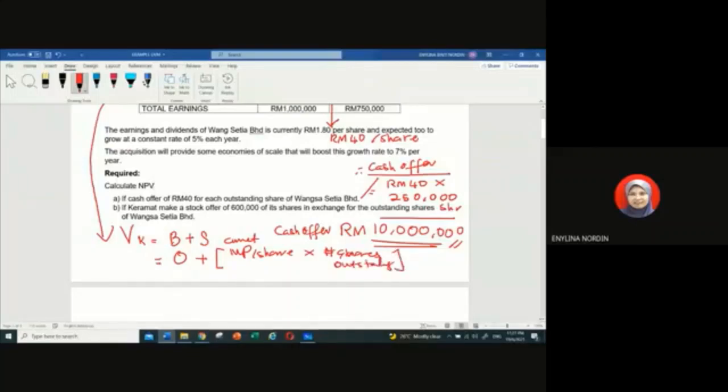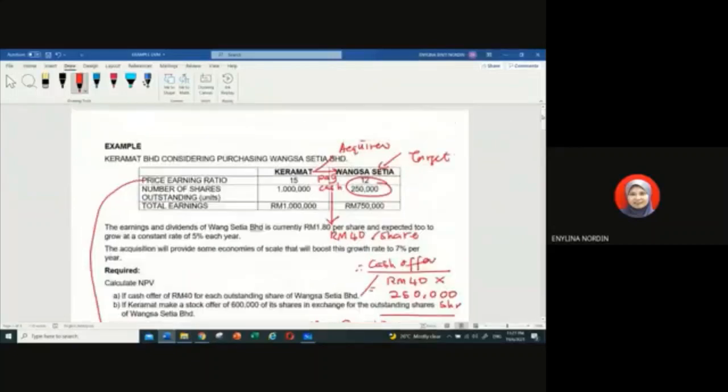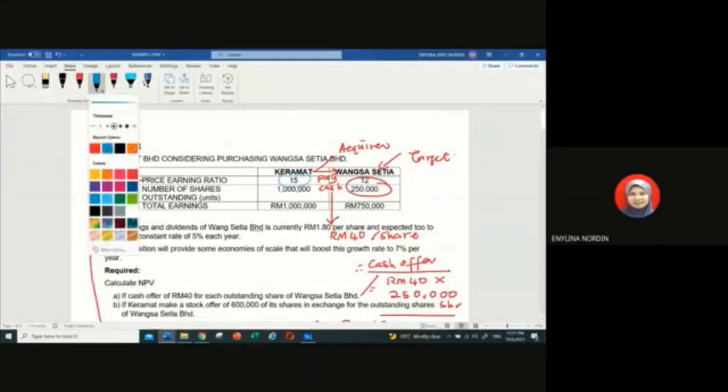So 0 plus. How are we going to find this out? This is our issue here. Again, we need to use this information, the PE ratio and the earning per share.